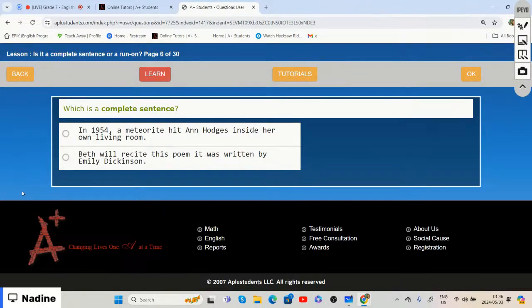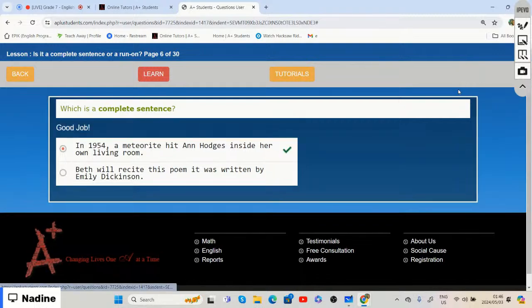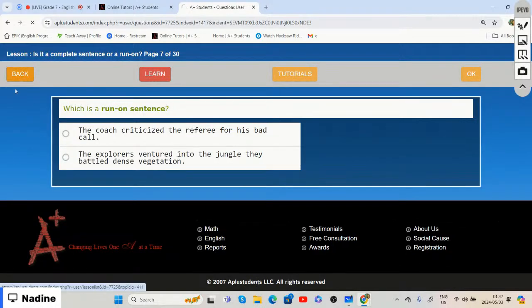It says in 1954, a meteorite hit Anne Hodges inside her own living room. Or we say Beth will recite this poem. It was written by Emily Dixon. Let's do this one. Yes, and that is a complete sentence.